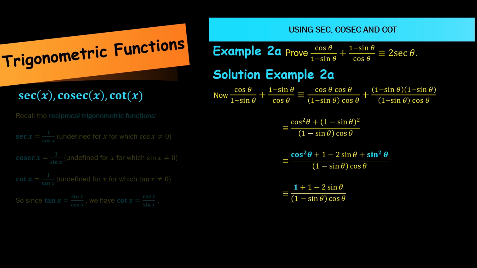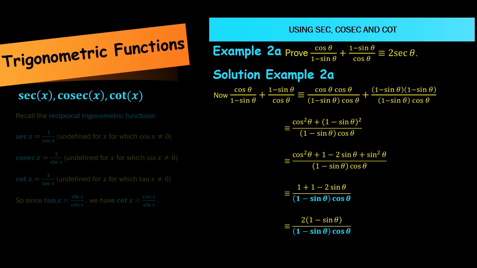Cos squared plus sine squared becomes 1, and 1 minus 2 sine theta is left as it is for the time being. And the denominator remains the same. The numerator can now be rewritten as 2 times 1 minus sine theta. And again, the denominator remains the same.